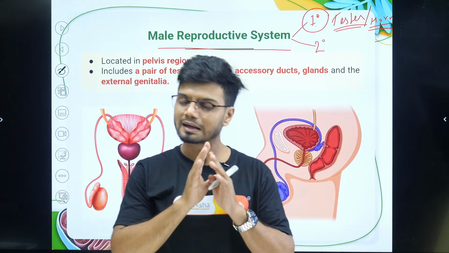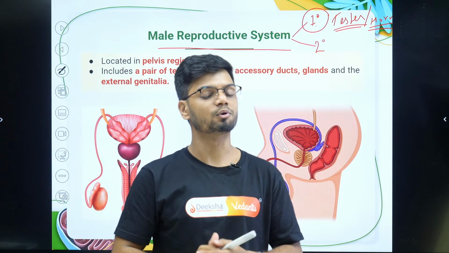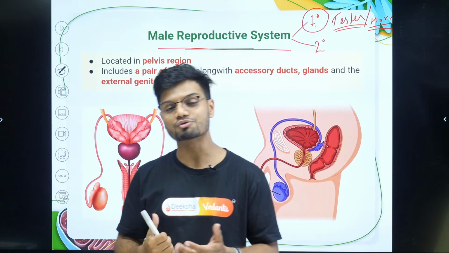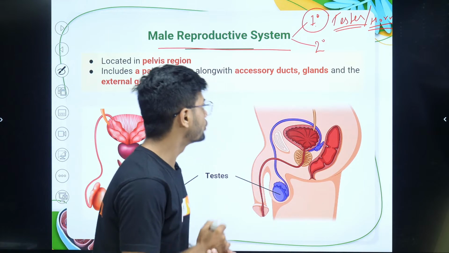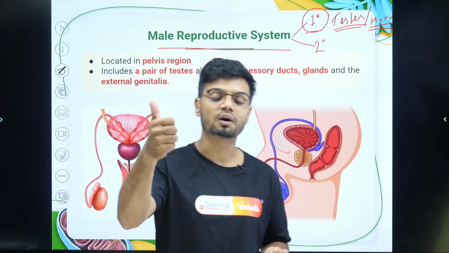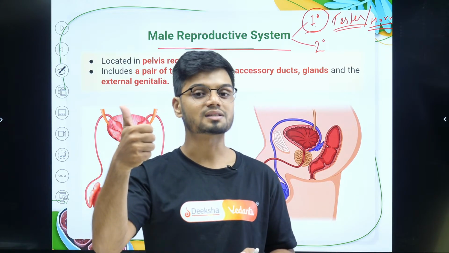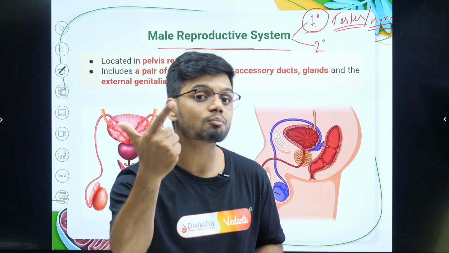Trust me, if you have any doubt, if you have not understood even a little, please let me know in the comment section. I'll be glad to solve any inquiries related to this chapter. So we learned about primary now. Which are involved in gamete production, such as your sperms, and also involved in hormone production.